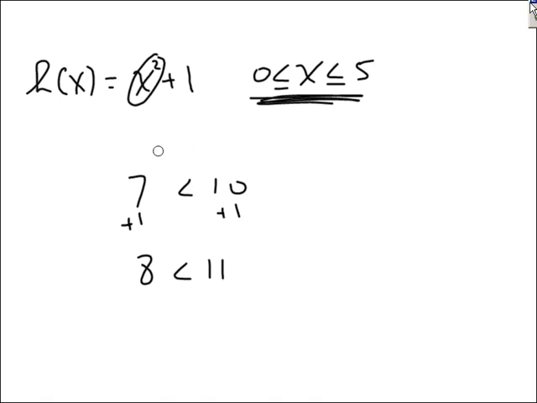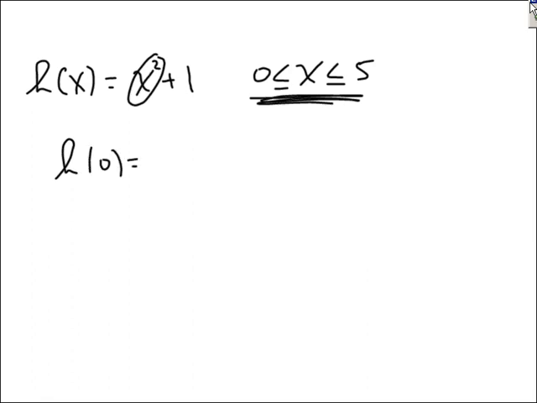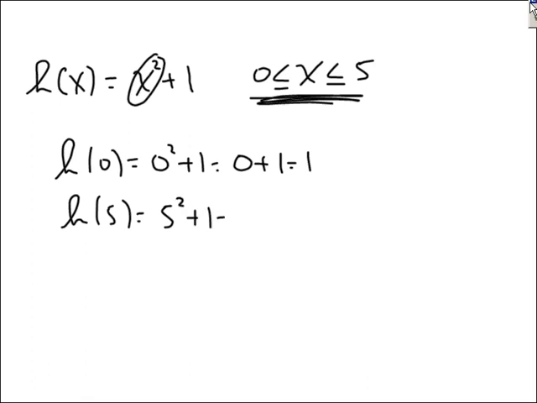Well, if you're squaring numbers between 0 and 5, 0 is going to give you the least, and 5 is going to give you the most. H of 0 is 0 squared plus 1, or 0 plus 1, which is 1. And h of 5 is 5 squared plus 1, which is 25 plus 1, or 26.